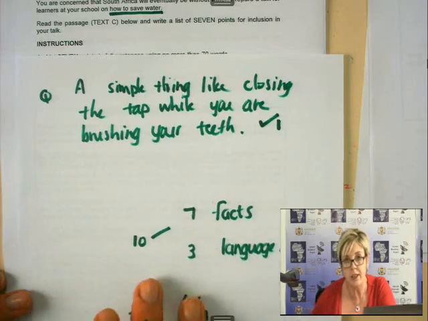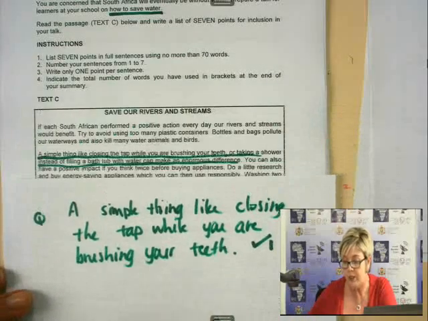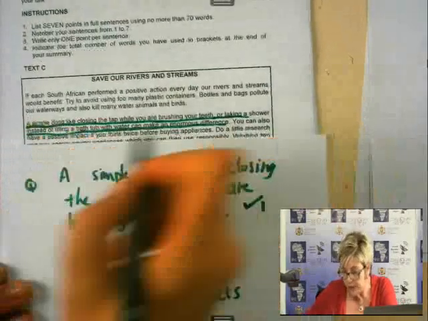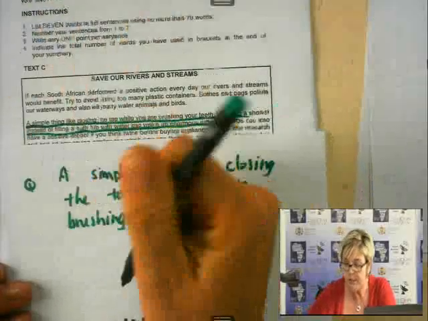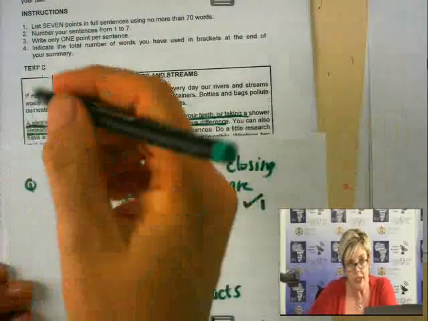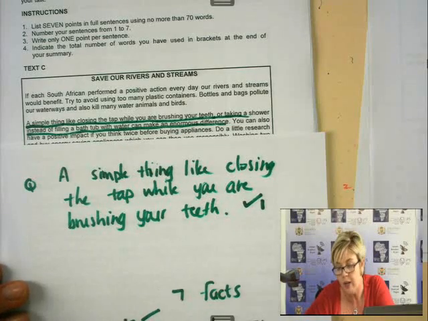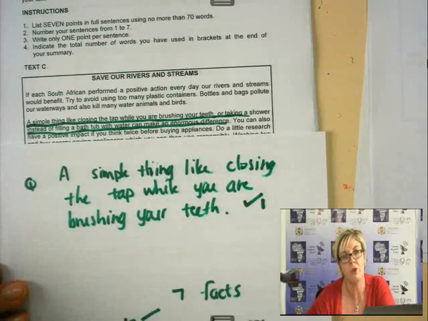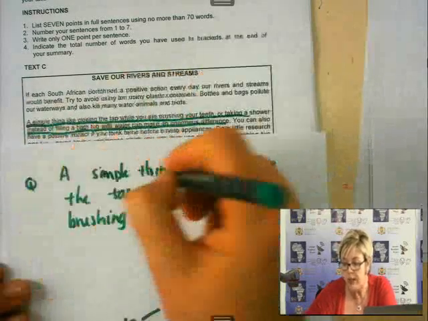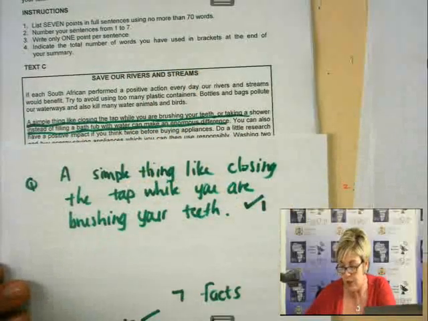So what I'm advising you to do is, you remember you read the passage, then you read it again, and you underlined everything that tells you what you should do on how to save water. Then I said, do a rough draft of your summary. Go and write down the facts, but try and change it a little bit.